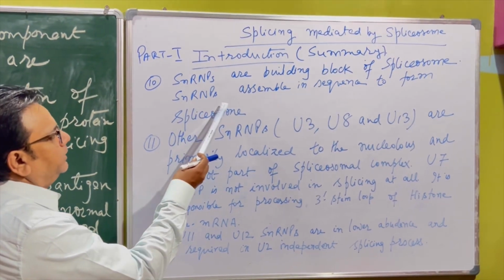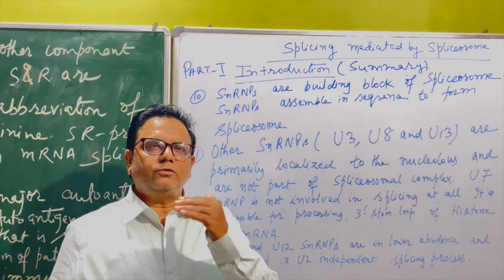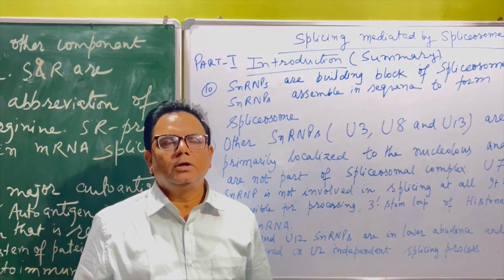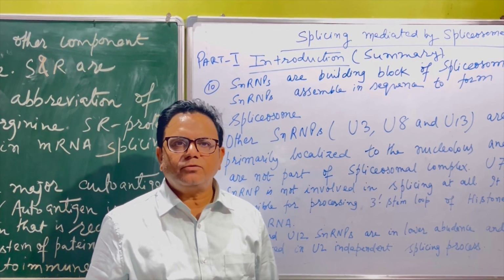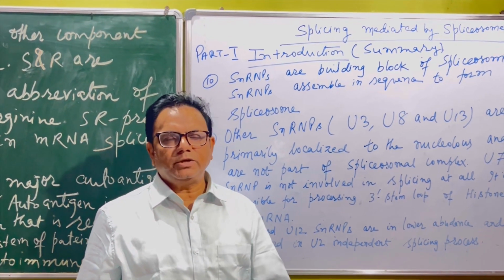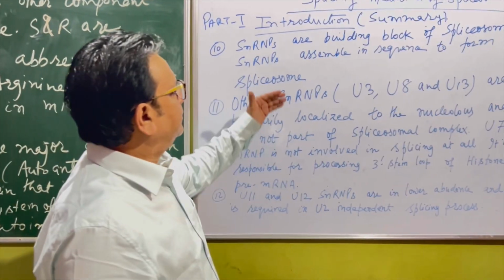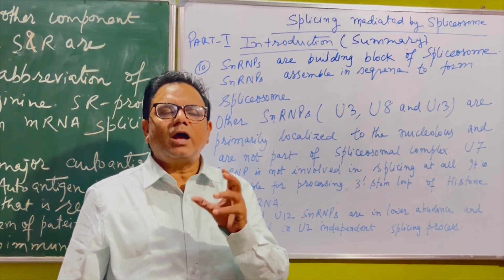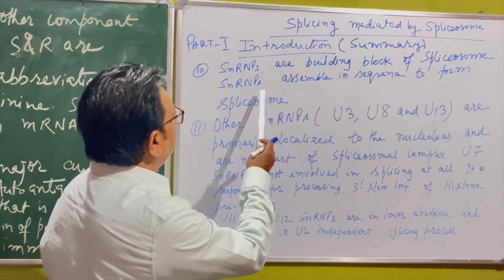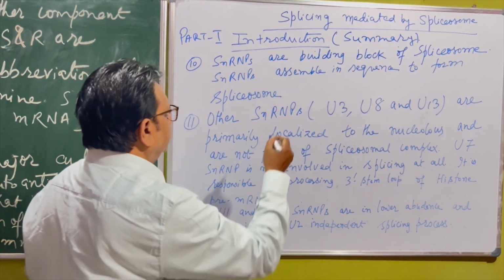Since spliceosomes assemble during the process of transcription, that is, it does not pre-exist, assembling takes place in a sequence. And what are the building blocks? Building blocks are SNRPs. So SNRPs assemble in sequence to form spliceosomes.